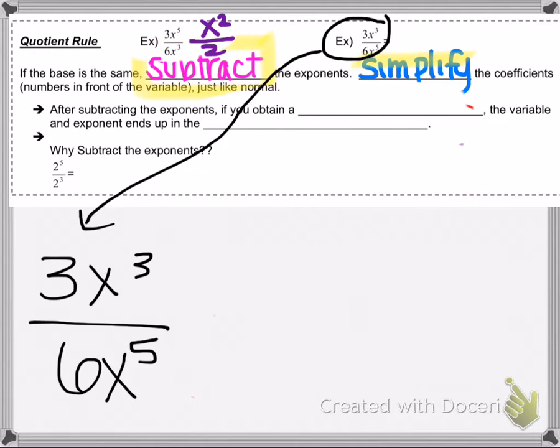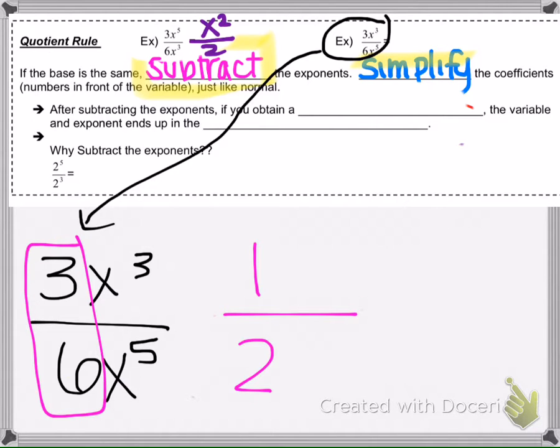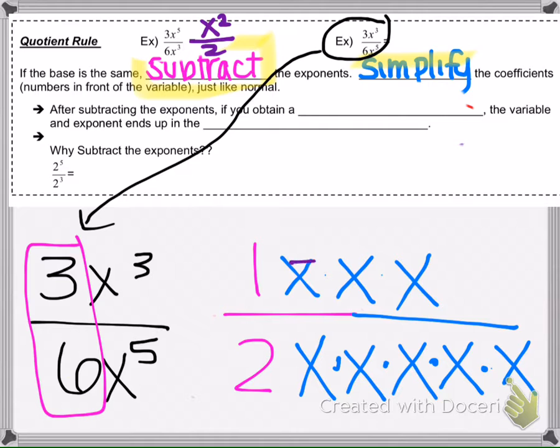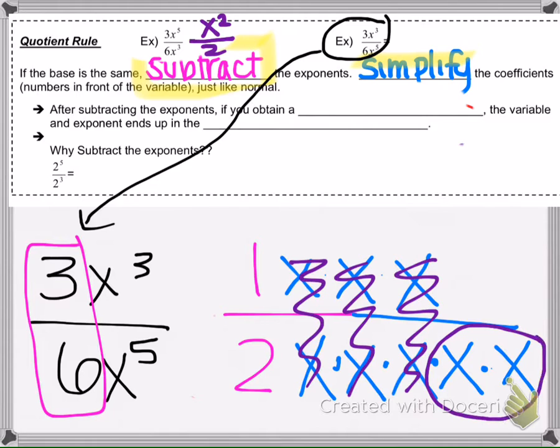Now if we look at this example right here, we're still going to get 3 over 6 simplifies to 1/2. But now these are going to cancel, these are going to cancel. This is just like the problem before, but notice where the x's are. They're in the denominator, whereas this one up here, the 2 x's that were multiplied were left in the numerator. So the rule is to subtract the exponent.